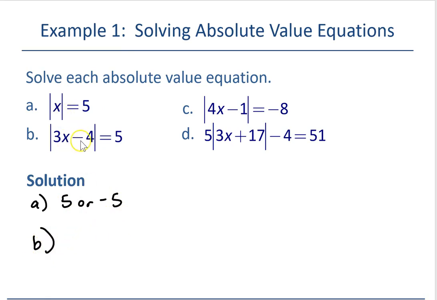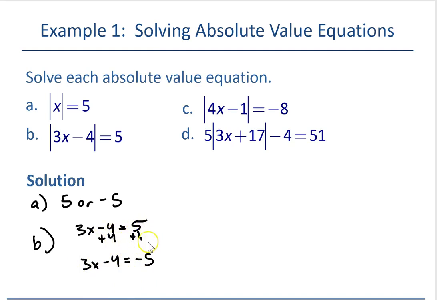I have the absolute value of 3x minus 4 equals 5. Going back to our definition, we can have this equal to 5, or we can have it equal to -5. So let's write that both ways. 3x minus 4 equals 5, and 3x minus 4 is equal to -5, and solve for both.